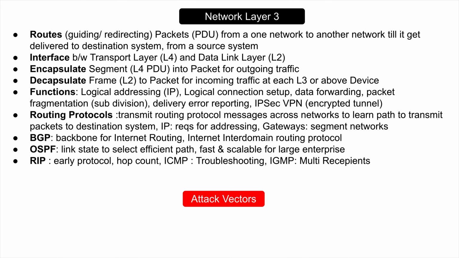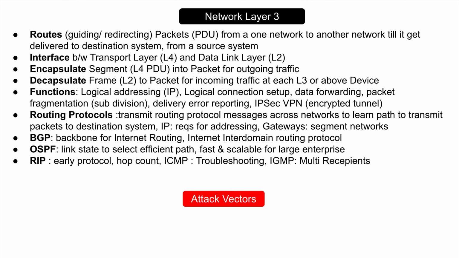Then there is Routing Information Protocol, an early protocol based on hop count, so it selects the path based upon the hops between source and destination networks.